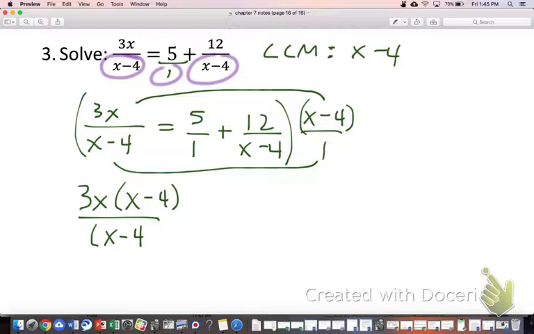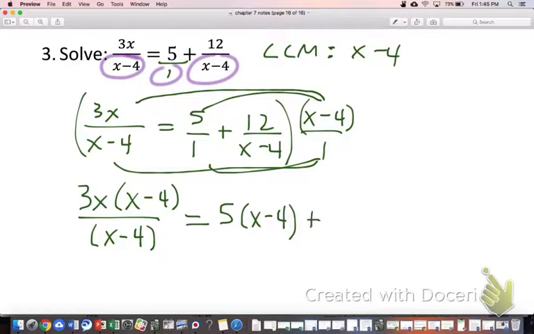I would say don't do that. And then that's going to equal 5 times x minus 4. Of course, 1 times 1 is 1. And then lastly, I'm going to avoid doing too much. I'm just going to write it as 12 parentheses x minus 4 over x minus 4.